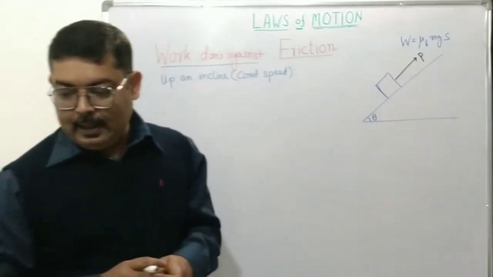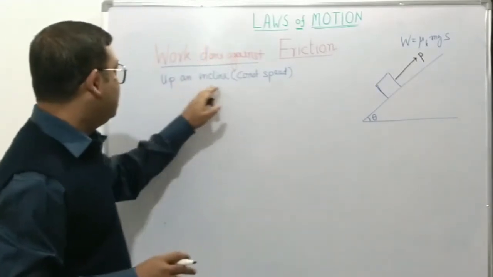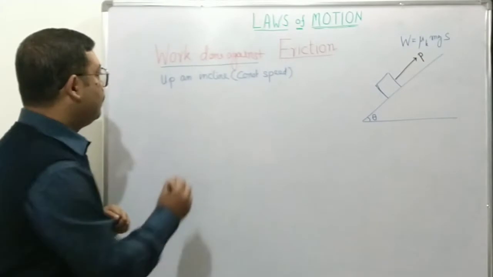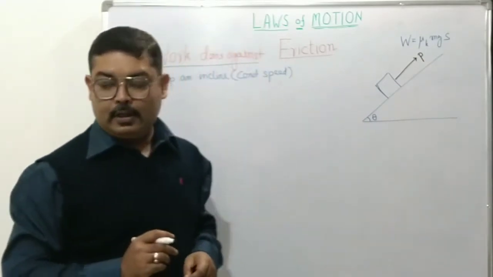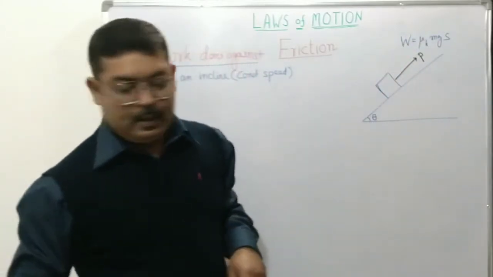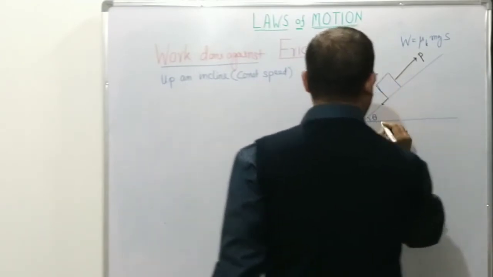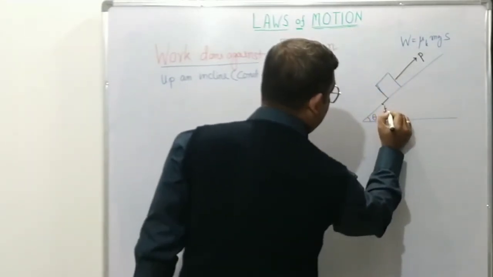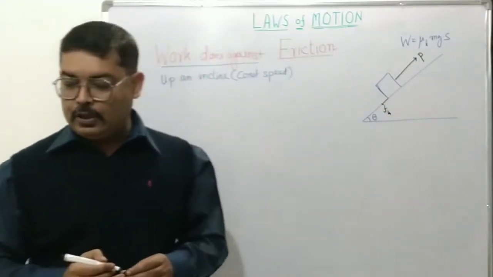In this case, what will be the work done against the friction? To do that, first let's see what the forces acting on it are. The upward pull is there, of course. Then there will be a friction that will oppose along the line connecting these two. So this will be the force of friction. Since it's sliding, it's the force of kinetic friction.